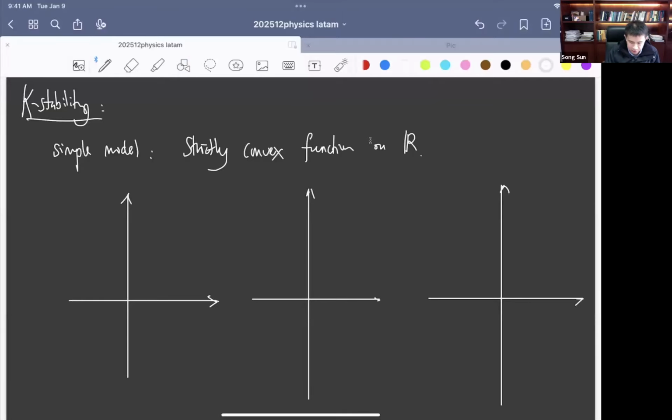So if you have a convex function, when can it admit a critical point?